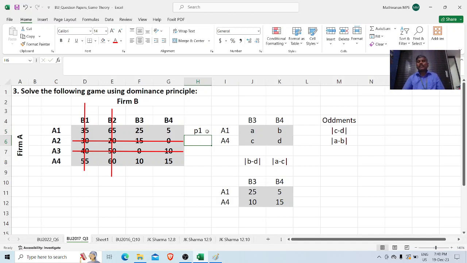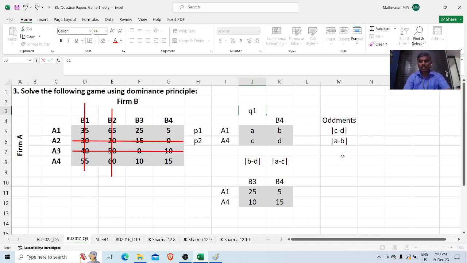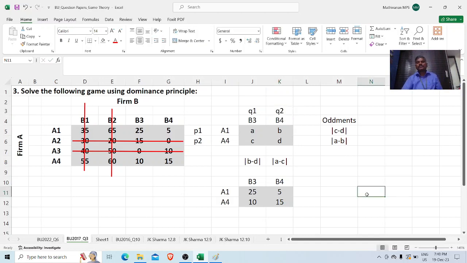The probability with which firm A uses the fourth strategy is P2. Likewise, the probability with which firm B uses the third strategy is Q1, and the probability with which firm B uses the fourth strategy is Q2.